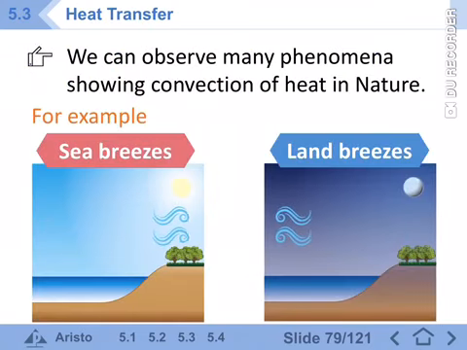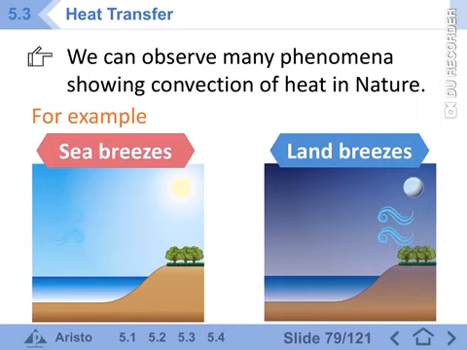And next, in Hong Kong, we can observe this. On a hot summer day, if you're standing next to the ocean, you will sense an ocean breeze, or sea breeze, because during the day the land heats up a lot faster.